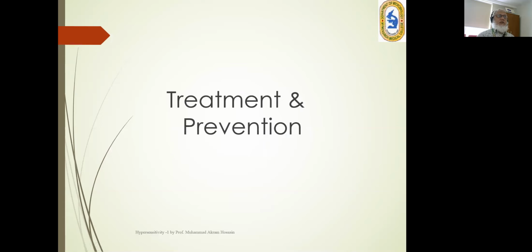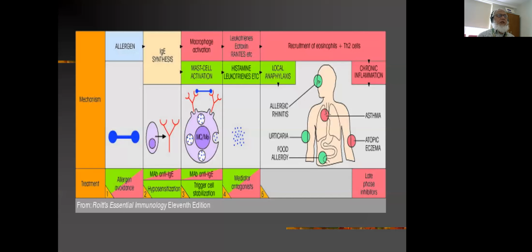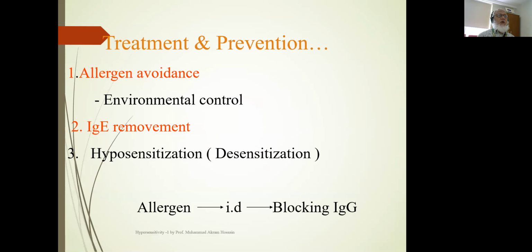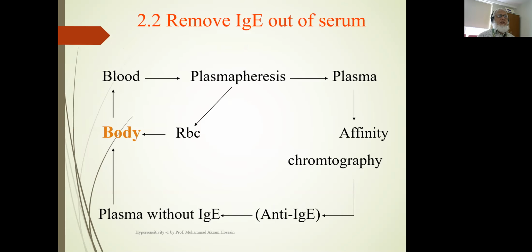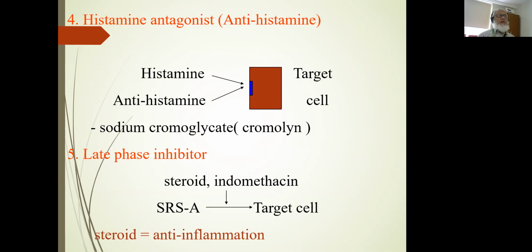So let us discuss the treatment and prevention. Treatment is based on, first of all, avoiding the allergen, that is environmental control. You can remove the IgE by plasmapheresis, or the immunological treatment is desensitization.